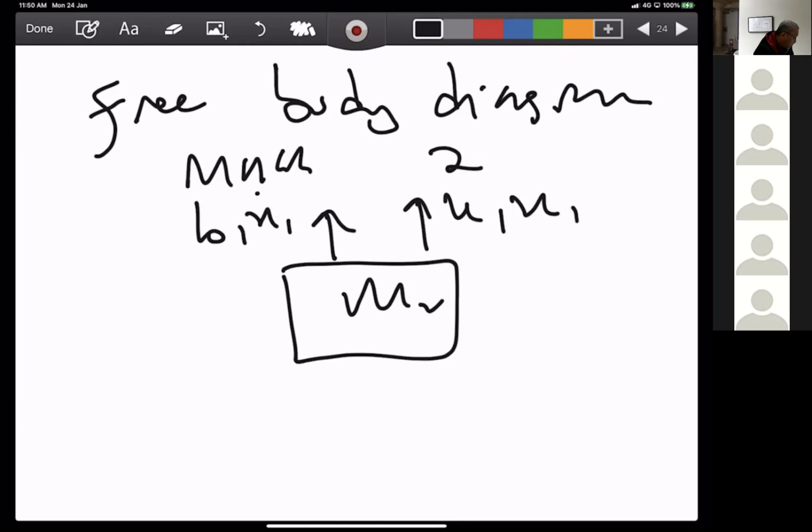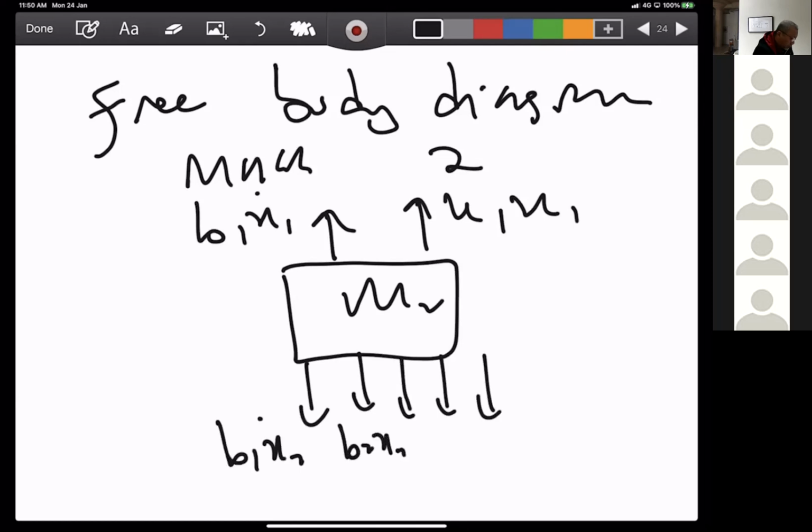And we have 1, 2, 3, 4, 5. Okay, which is B1, X2 dot, B2, X2 dot, K1, X2, K2, X2, and M2, X2 double dot. Okay. So from this free body diagram, you can create the differential equations. Okay.